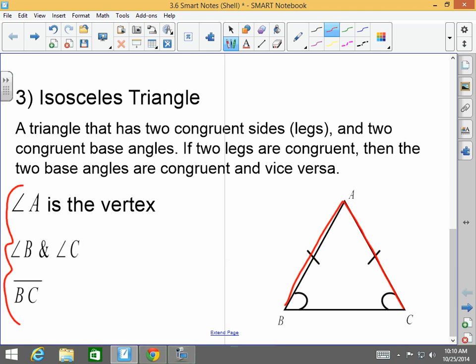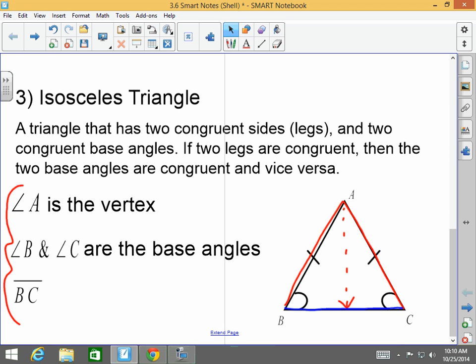It is directly opposite the base of the isosceles triangle. Since BC is the base, then logic would dictate that angles B and C are the base angles, because they are the angles that attach the base to the two red legs AB and AC.